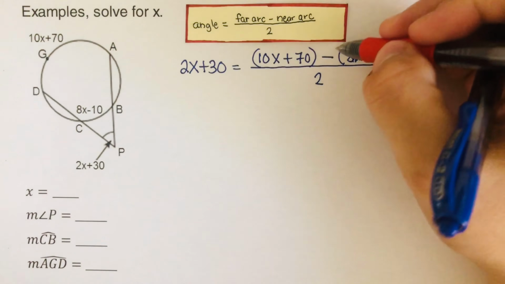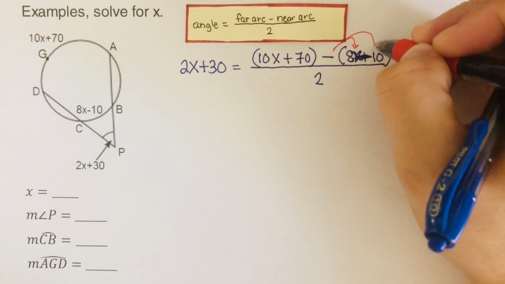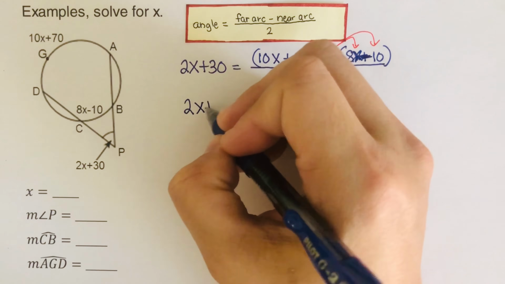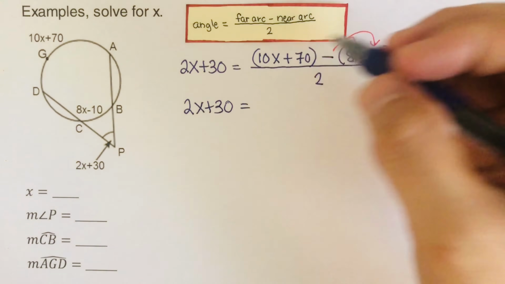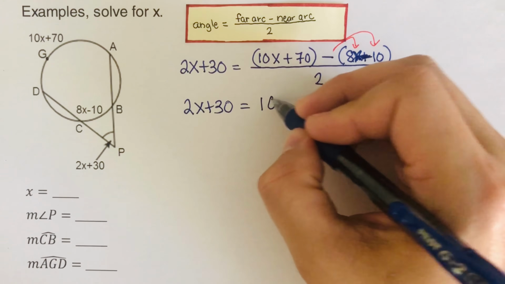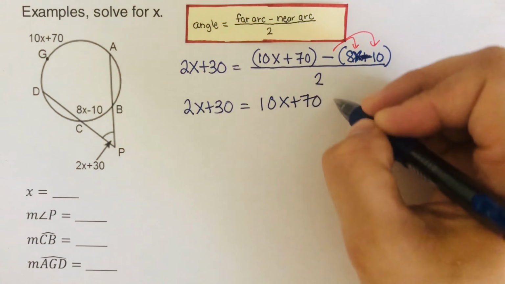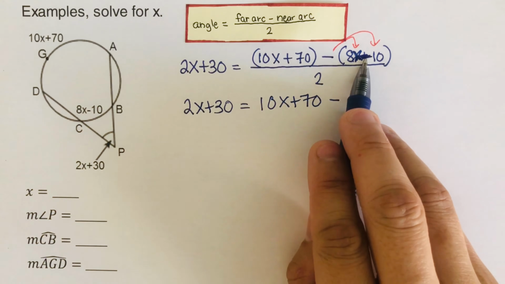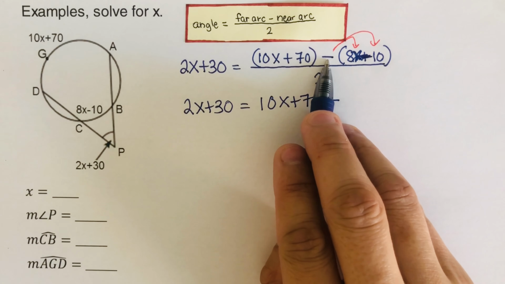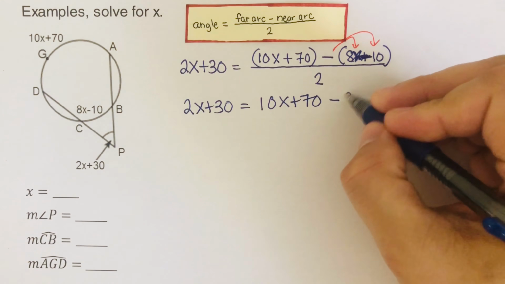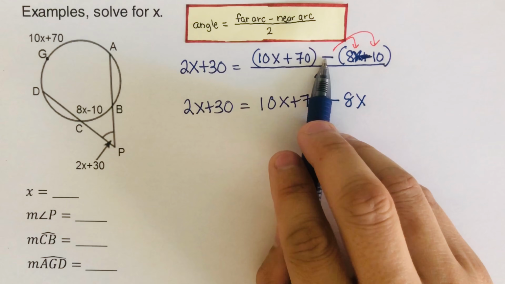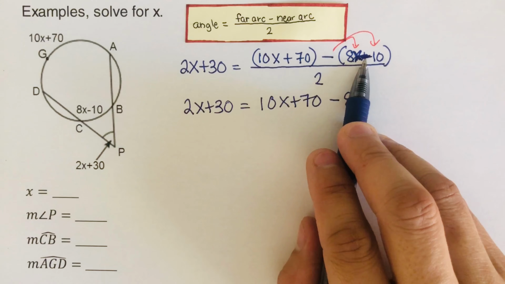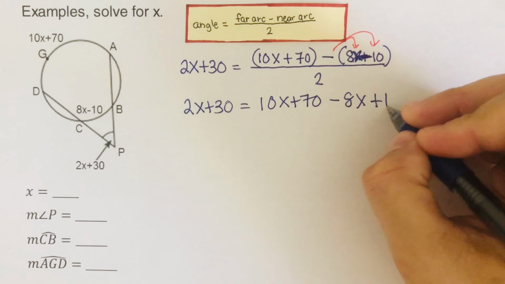Then we distribute the negative inside the parentheses. So this comes out 2x plus 30 equals 10x plus 70, minus 8x plus 10. A negative and a positive 8x is a minus 8x. A negative and a negative 10 is a positive 10.